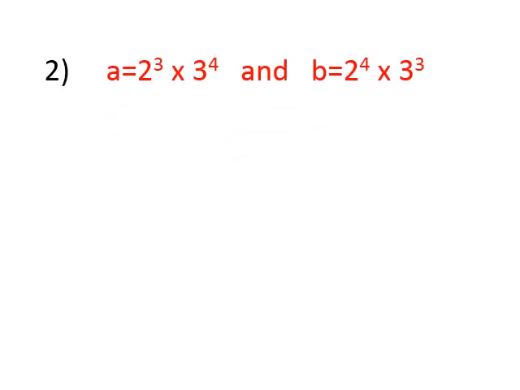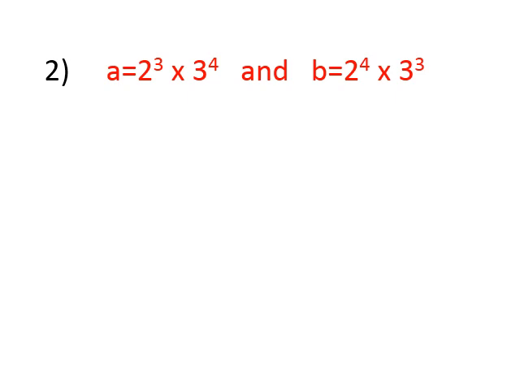Here, A is 2 cubed times 3 power 4 and B is 2 power 4 times 3 cubed. Which ones of them are repeated? 2 and 3 are repeated in A and B, so I have to write them. To find the GCD, I have to pick up the smaller power. 2 power 3 or 2 power 4? We have to write 2 power 3. 3 power 4 or 3 power 3?